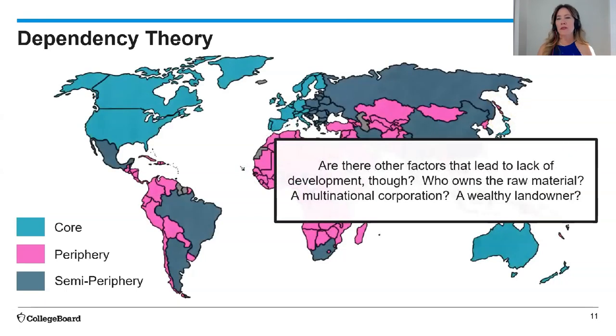Are there other factors that lead to that lack of development, though? So think of who actually owns the raw material. Is it a multinational corporation? Could it be a wealthy landowner? What happens if I am a wealthy landowner and they find oil on my property?